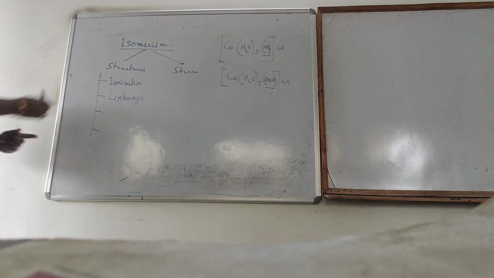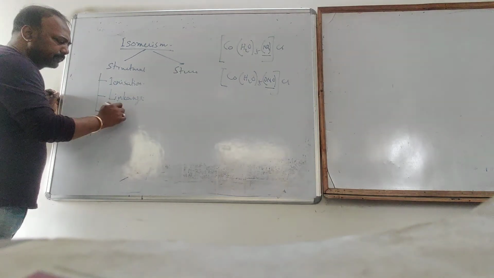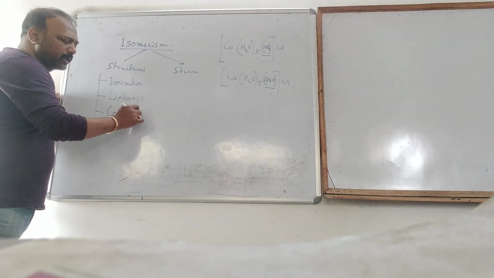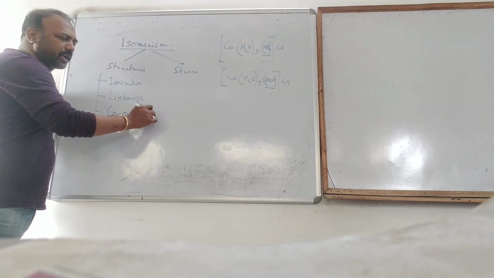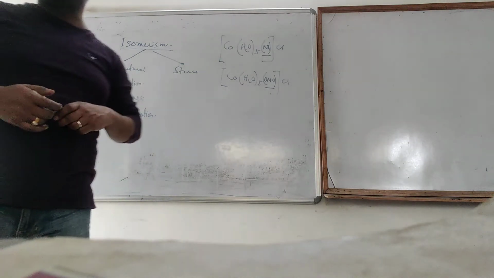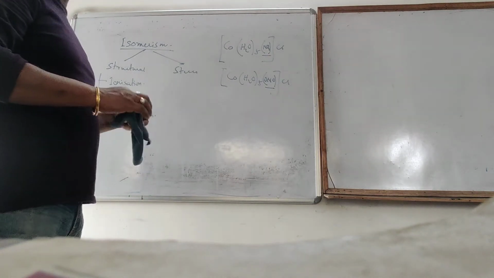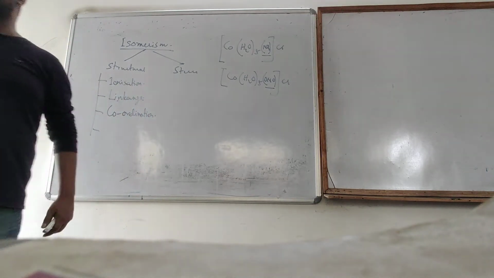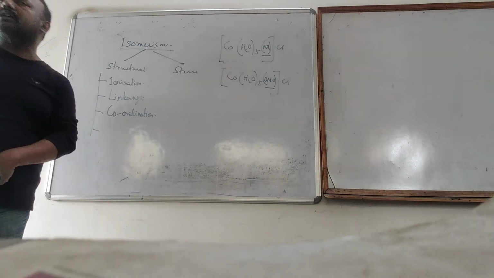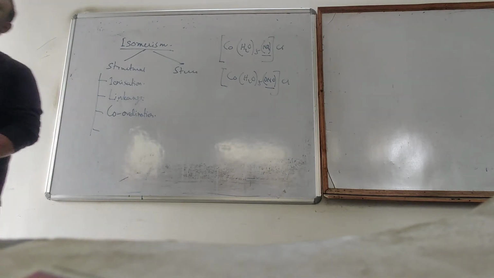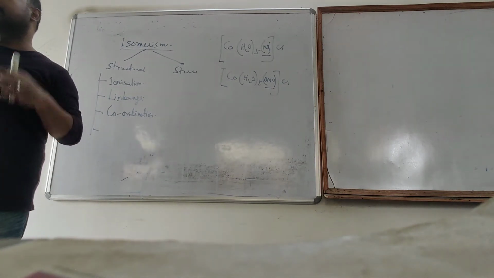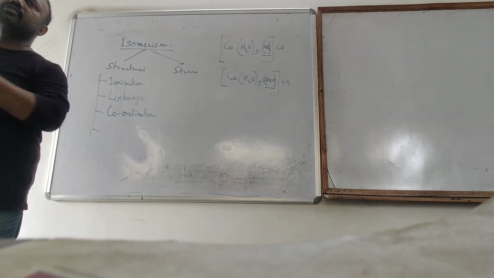Okay. Next one is coordination isomer. The first point in coordination isomer is that, till now, whatever we studied, everywhere there is one complex ion and one counter ion. The complex ion is complex, the counter ion is normal.